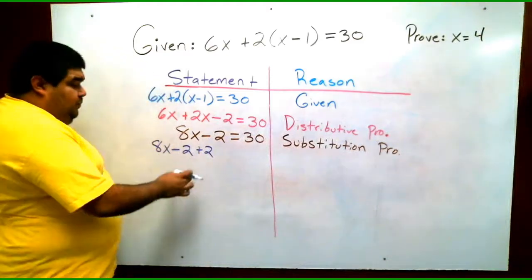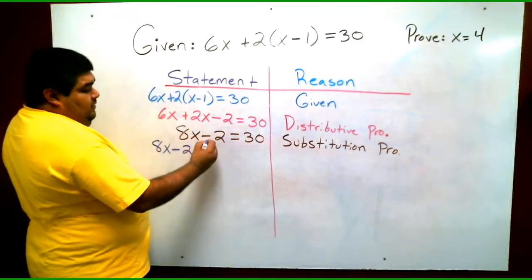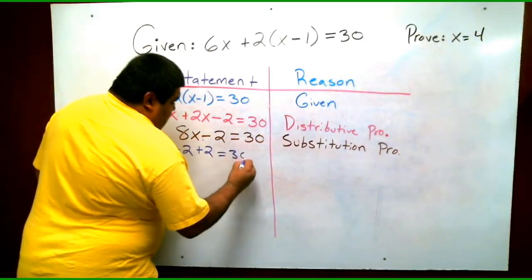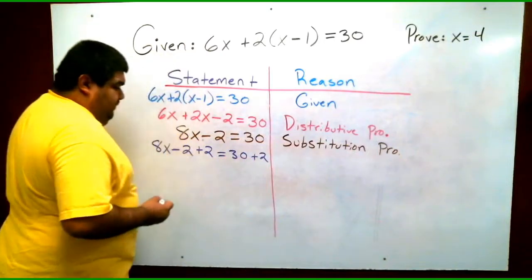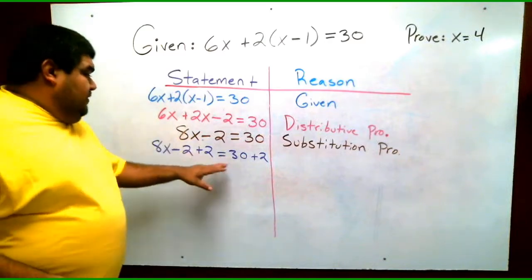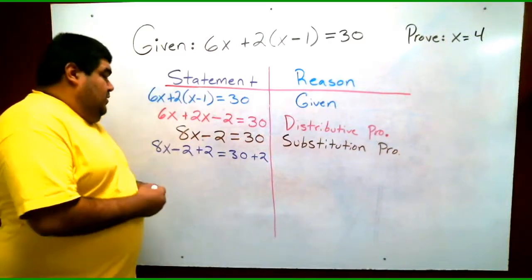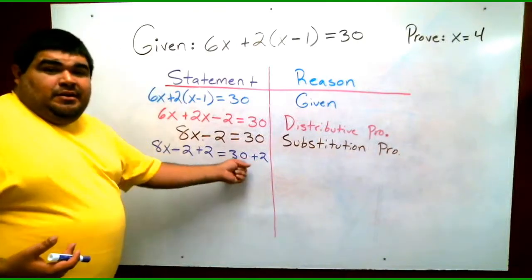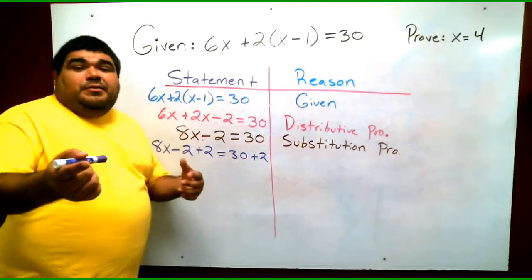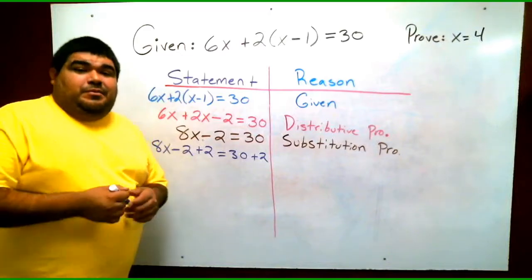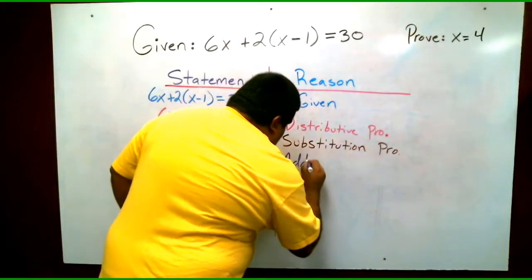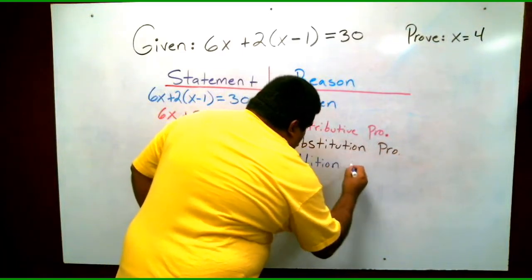The reason why I do plus 2 is because it's like if I were saying plus 2 down here. Okay? Equals 30 plus 2. Because remember, what we do to one side, we have to do to the other. What are we doing? We're adding, right? Adding on both sides. So what property are we using? The adding property, right? Addition property.